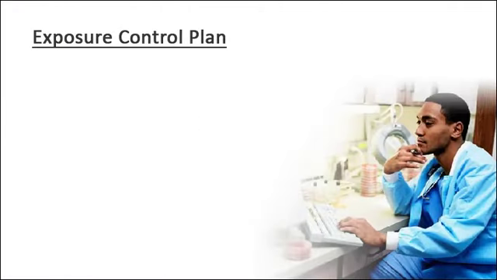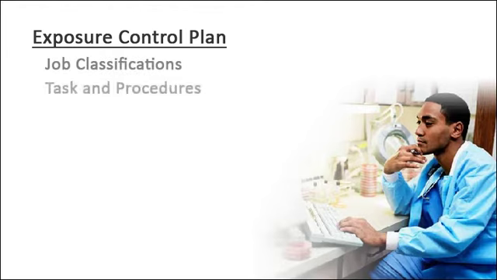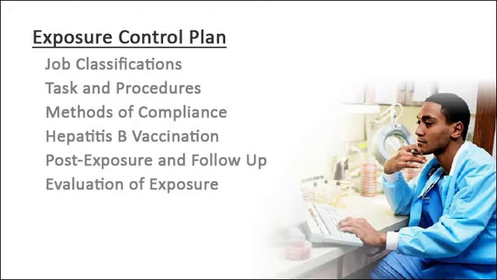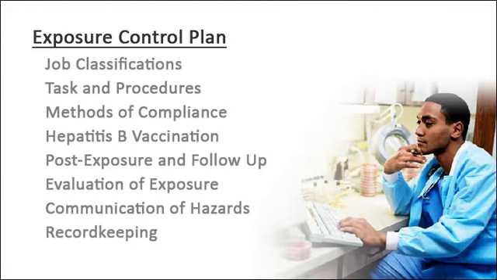The Exposure Control Plan must cover at least the following points: job classifications in which employees have occupational exposure, tasks and procedures that would entail some employees to have exposure, methods of compliance with the standard, Hepatitis B vaccination, post-exposure evaluation and follow-up, evaluation of exposure incidents, communication of hazards, and record keeping.